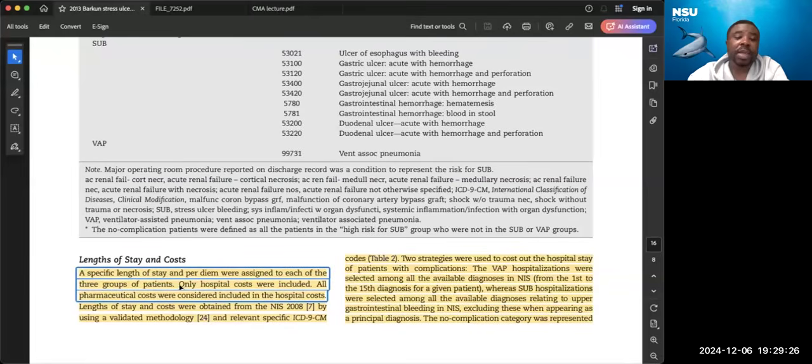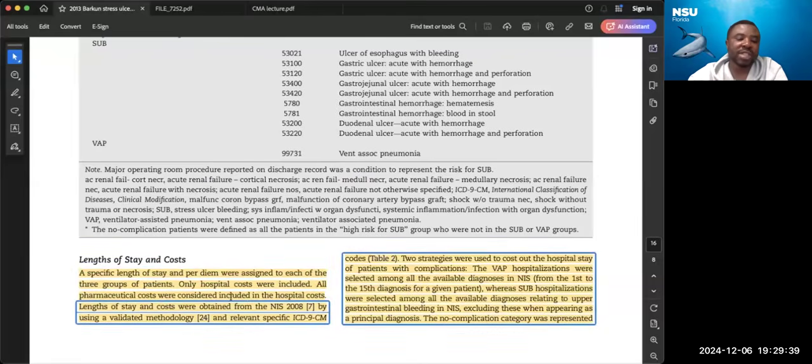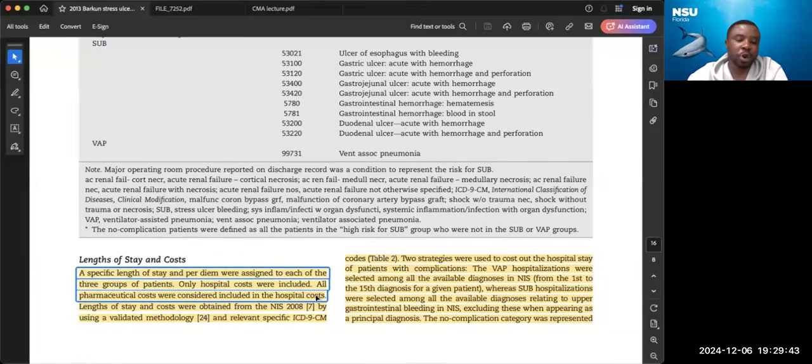So they said they only included hospital costs. And what is interesting here is that they assume that all the pharmaceutical costs were included in the hospital cost. So the hospital cost included the pharmaceutical cost. Let's review this.